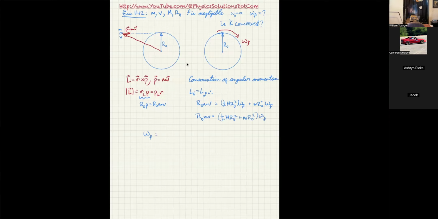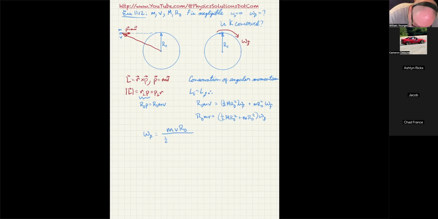So omega f turns out to be m times v times R0 divided by one half big M R0 squared plus little m r0 squared. That should be the final angular velocity. Now we can go about calculating.